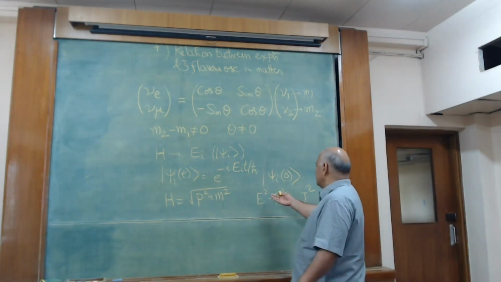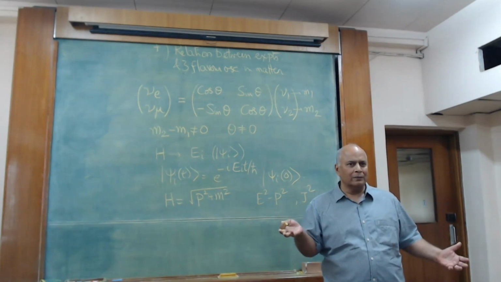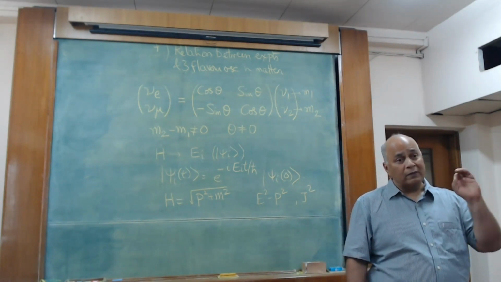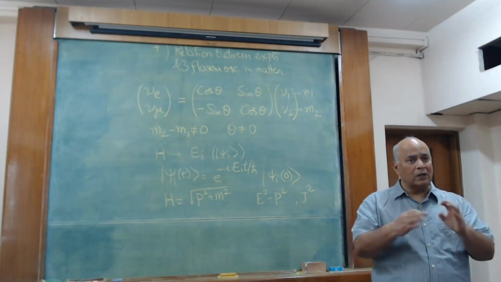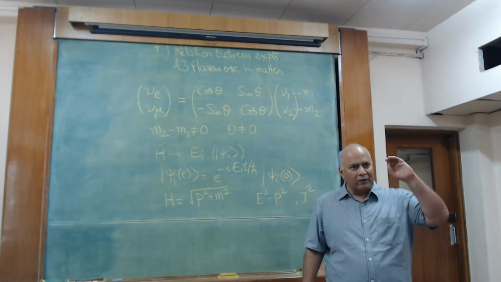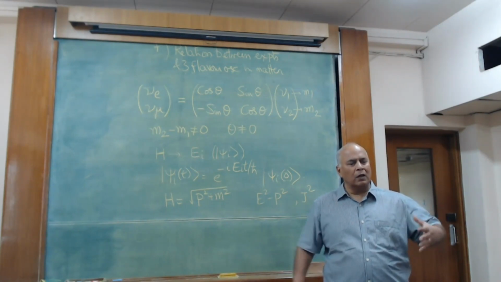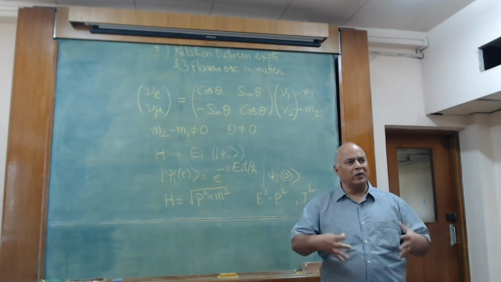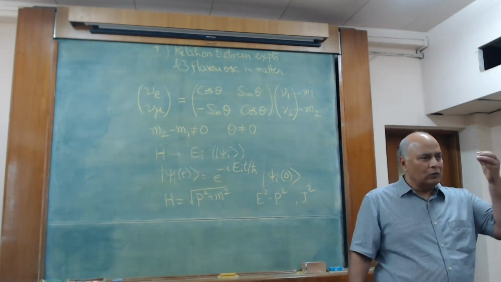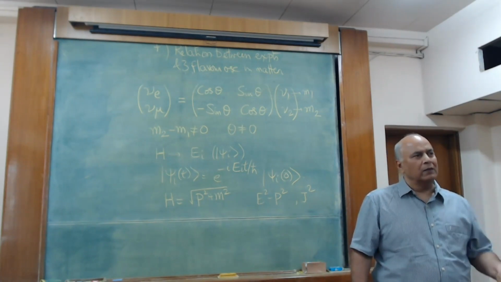And of course, eigenvalue of this is the mass. So mass eigenstate that way has a very fundamental importance in quantum field theory. If I am to define a particle, if I want my particles to be irreducible representations of Poincare group, then those particles should have definite mass and definite spin.